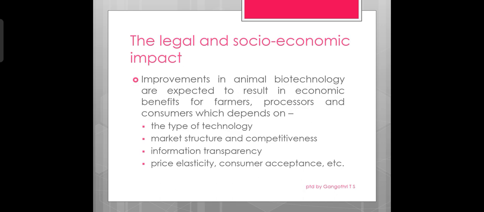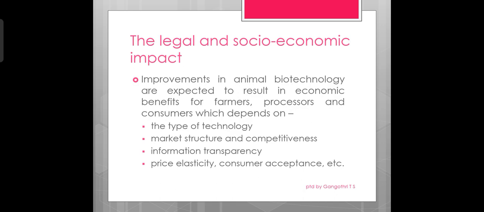The legal and socio-economic impact of transgenic animals. The production of transgenic animals that potentially can have a deep impact on the livestock and pharmaceutical chains has proceeded much slower than genetic modification of crops.